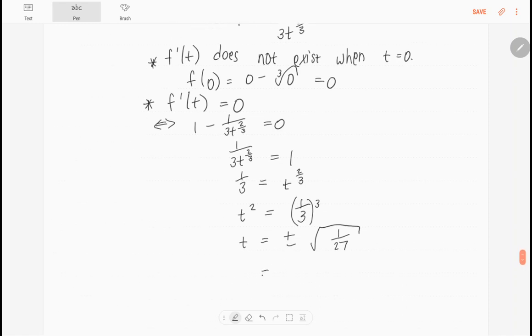I can write that as plus or minus 1 over root 27, which is just 3 multiplied by root 3. So it's 3 root 3.